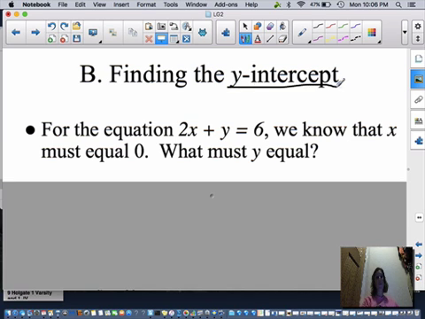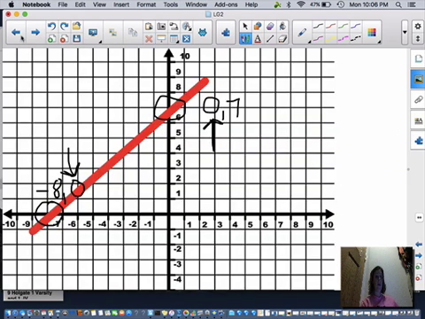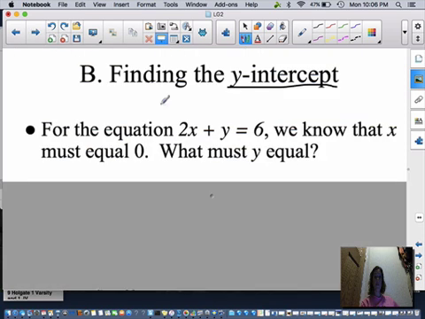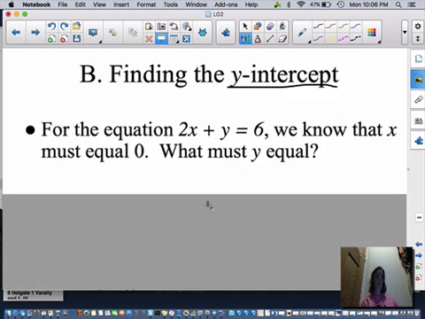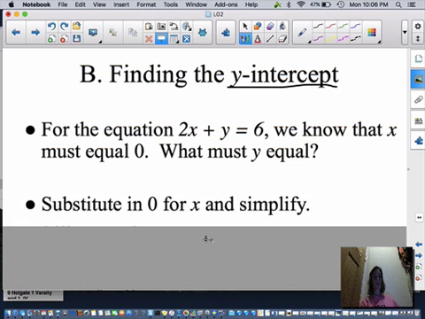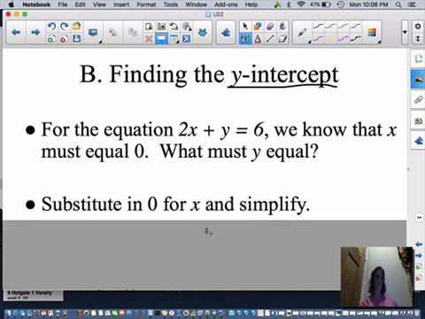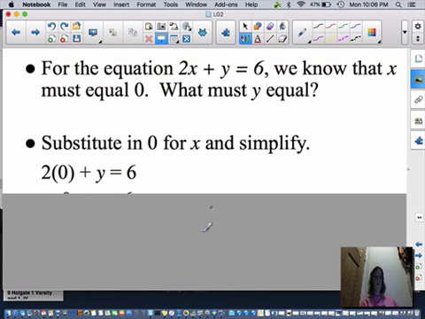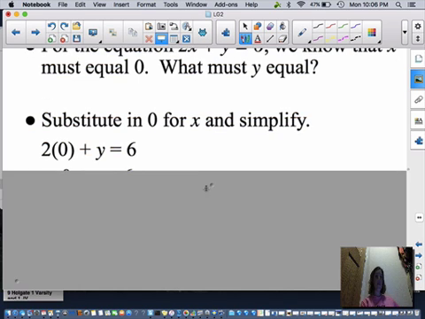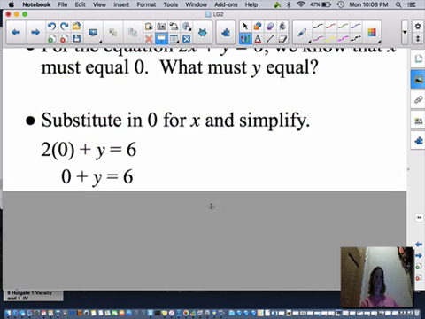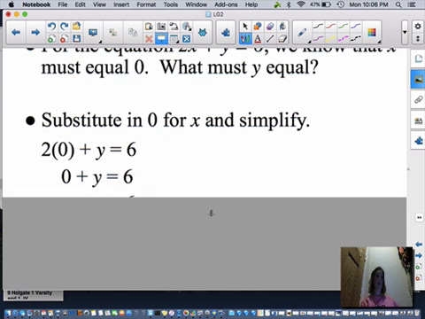Okay, so now if I'm trying to find the y-intercept. For the y-intercept, we know that x must equal 0. Because, going back here, again, for the y-intercept, x is 0. So why must it be 0? Because that's where it crosses. So we're going to substitute 0 in for x and simplify. So 2 times 0 plus y equals 6. 2 times 0 is 0, plus y equals 6.